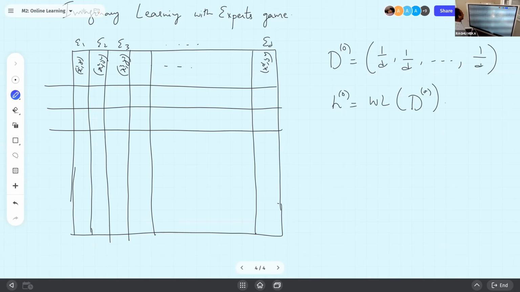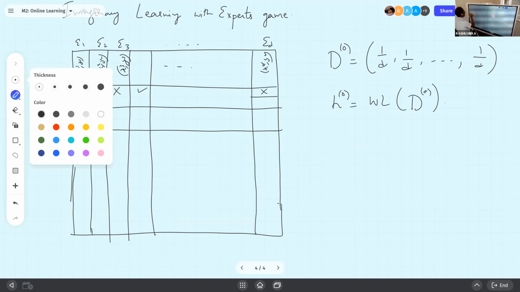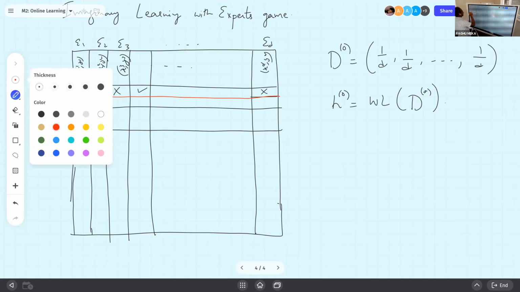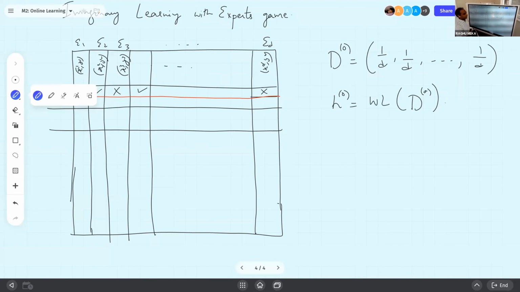So maybe H0 tells me that you're correct here, wrong here, correct here, maybe wrong here. And intuitively, my next distribution that I query the weak learner on should give more weight to the examples that I was wrong on in the previous round.